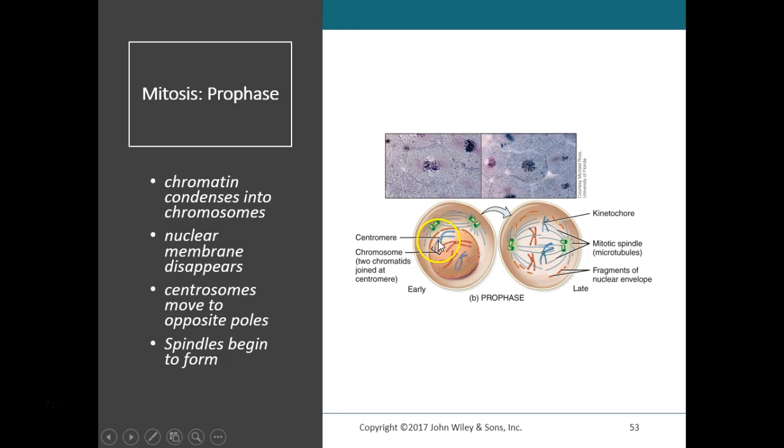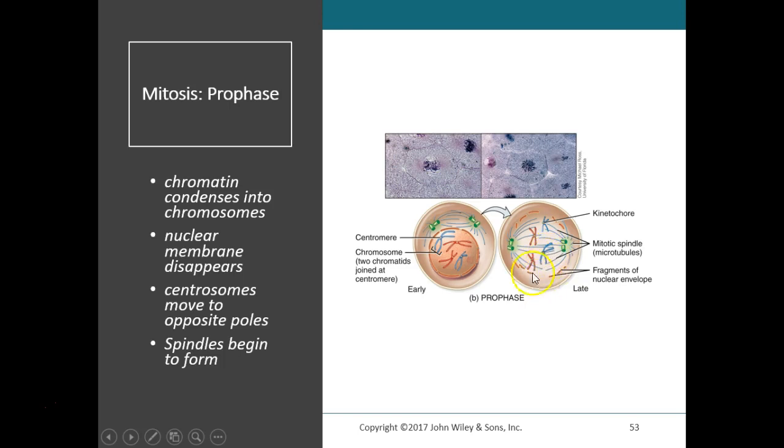Okay, so during prophase, the chromosomes become visible and the nuclear envelope starts to disappear. So here you can see a late prophase, the nuclear envelope is gone. You also see these spindle fibers starting to form and come out near the chromosomes.